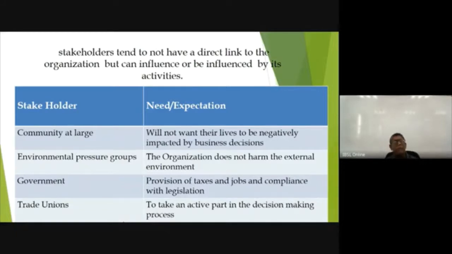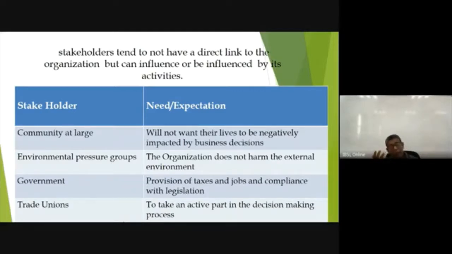We have different types of stakeholders, and we must remember they have different expectations.